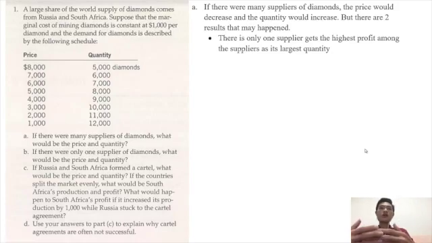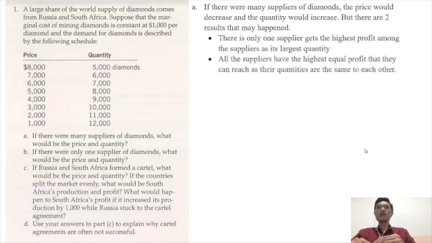Because in a market, if you supply a higher quantity, you will get a higher profit. And the second result is that the other suppliers have the highest equal profit that they can reach, as their quantities are the same.